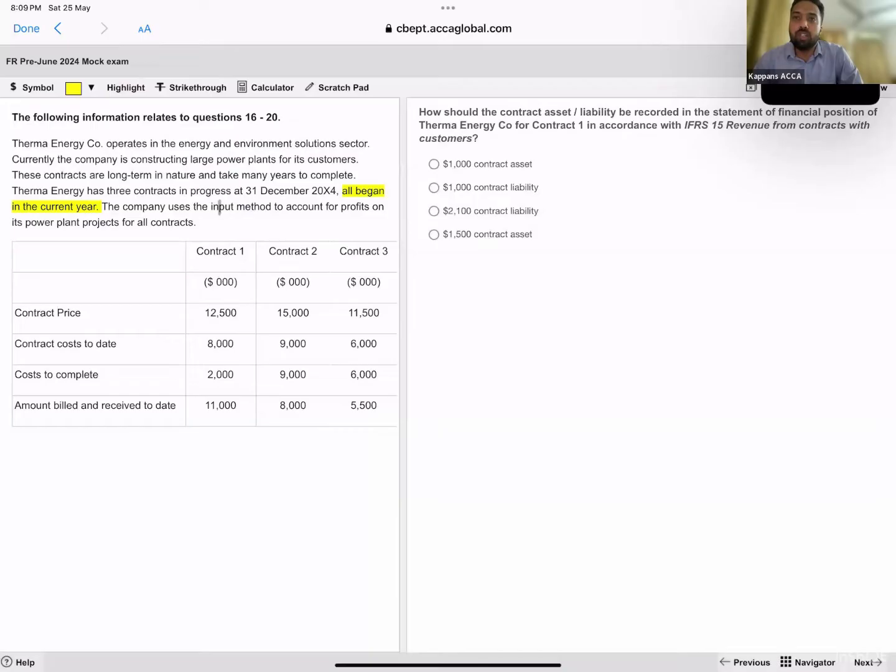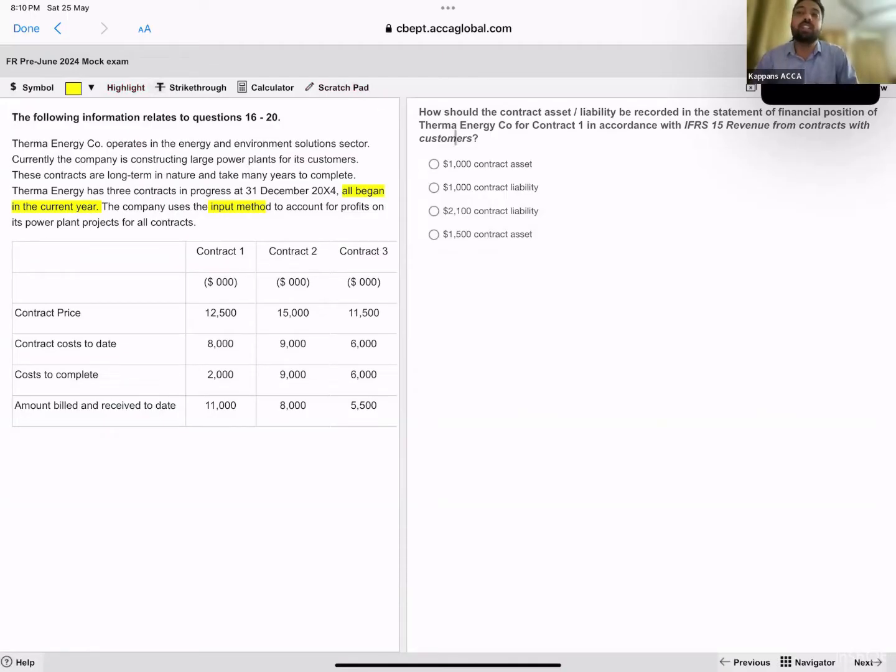The company uses the input method to account for profit on its power plant projects for all contracts. We have learned that there are basically 2 types of method to calculate percentage of completion: one is the input method and the second is the output method. The entity uses the input method. So remember how to calculate percentage of completion in the input method: cost to date divided by total cost.